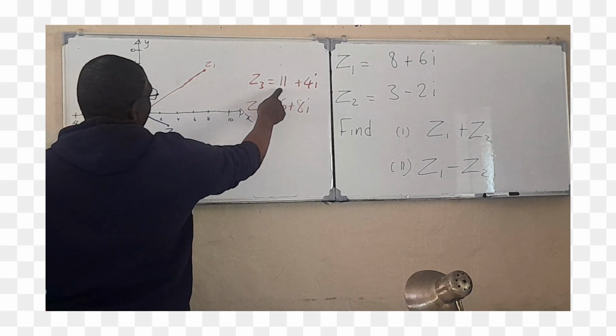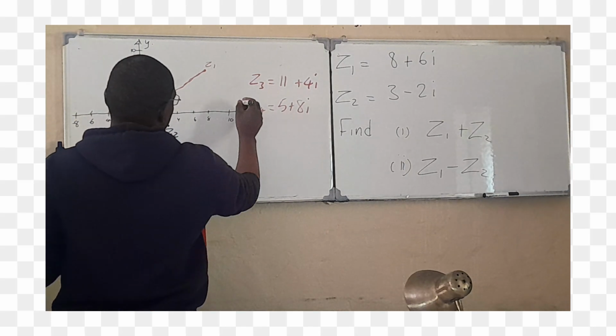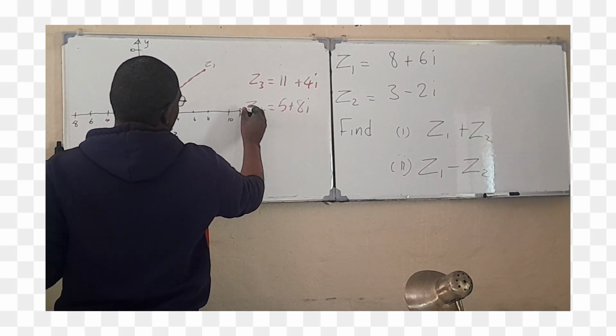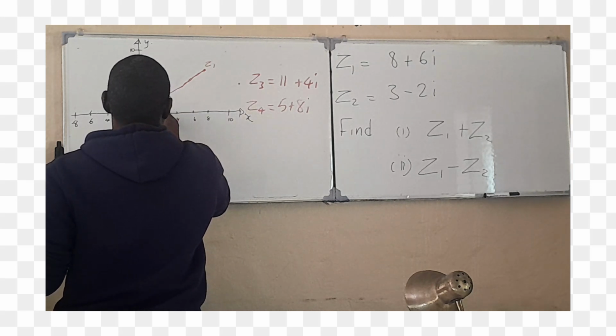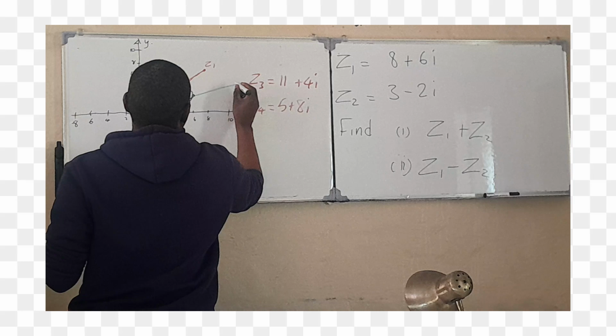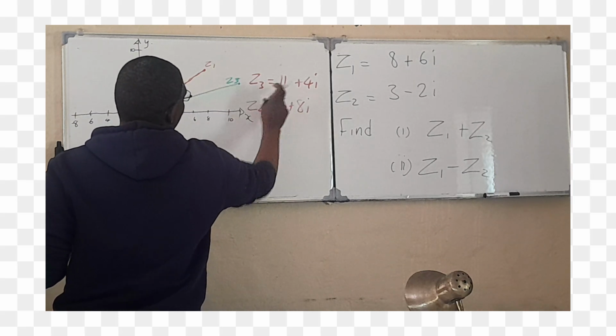So my Z3 will be 11 going this way, which would be perhaps there somewhere, and 4 up. So it's there. So this now represents my Z3.